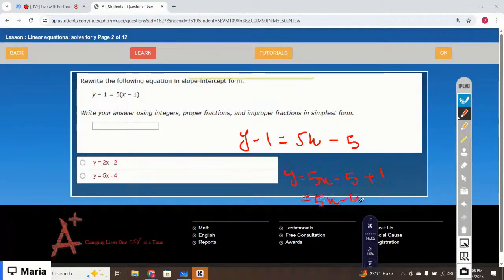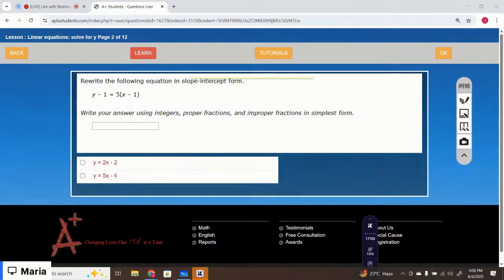So that is 5x minus 4. Option number 2 is the correct option, that is y equals 5x minus 4.